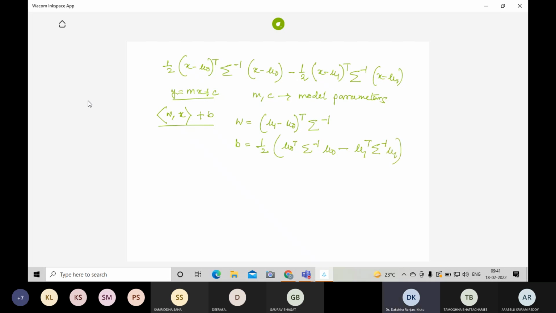So the model parameters w and b are determined from the estimated mean and covariance matrix sigma, and then we get this form w comma x plus b. Here w and b are the model parameters.